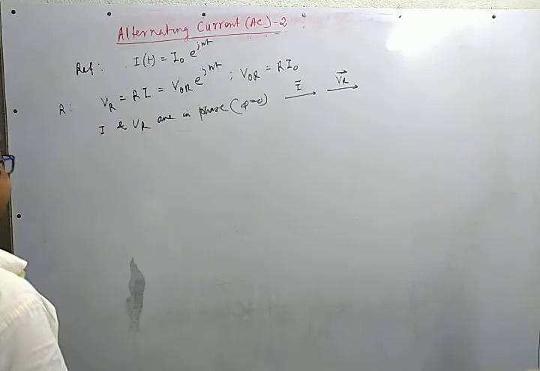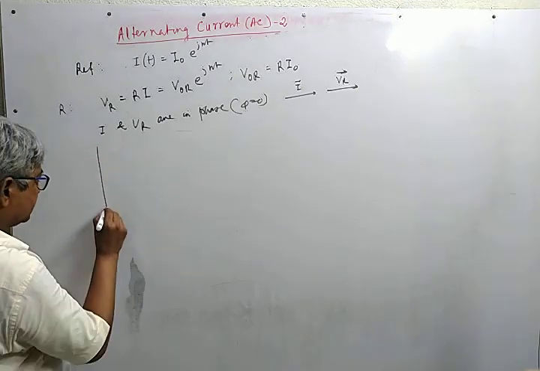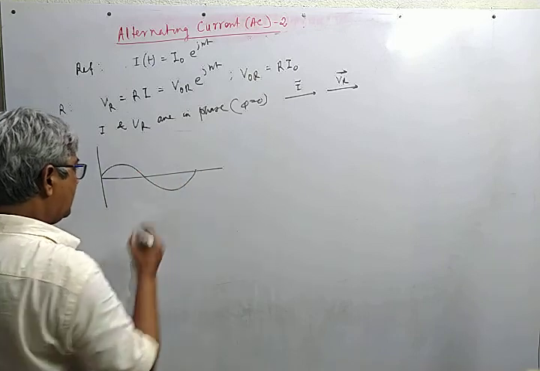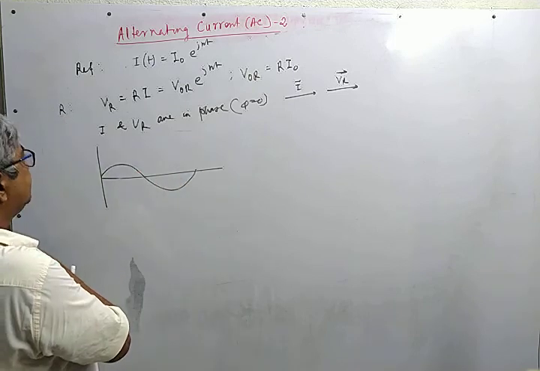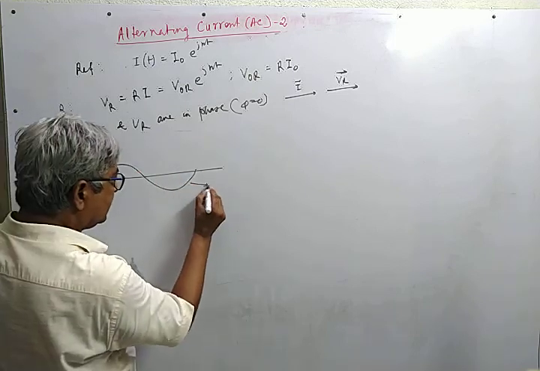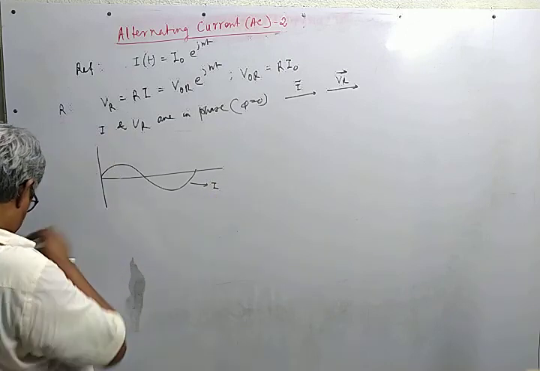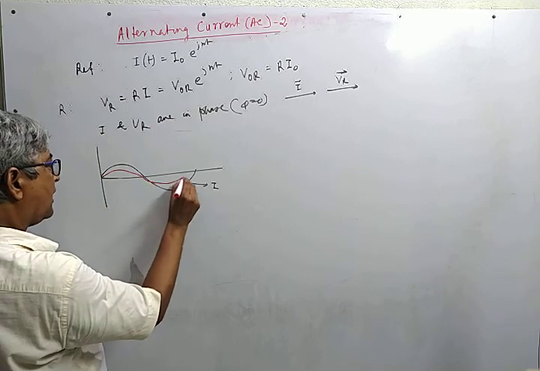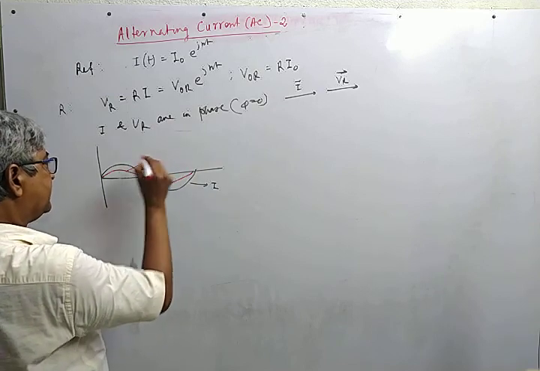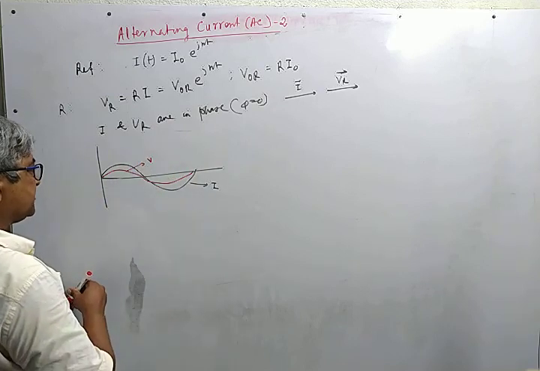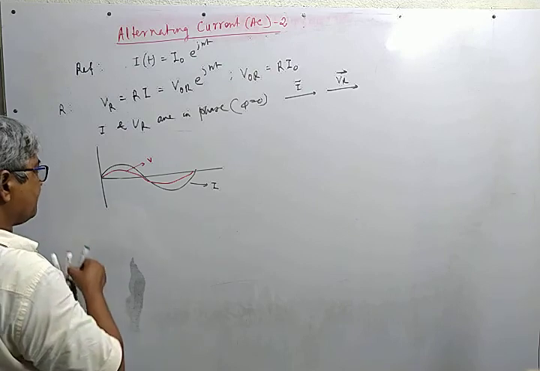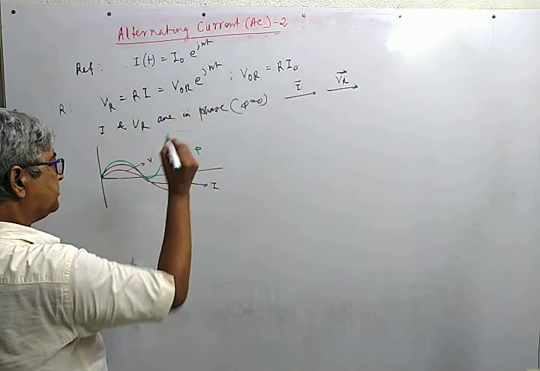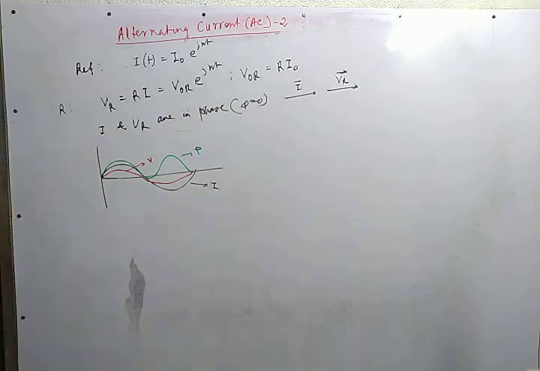And the graphs: this is the I curve, reference I curve, this is the V curve, and the power curve is positive all along. This is the P curve. So power is being dissipated.